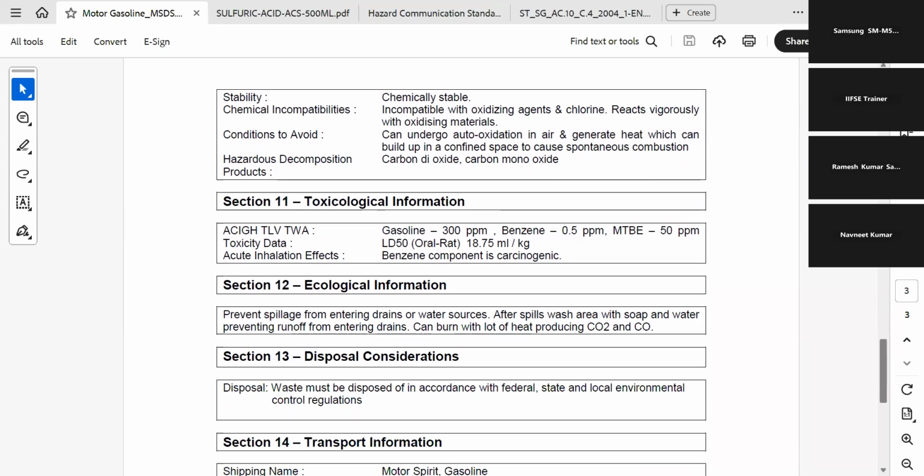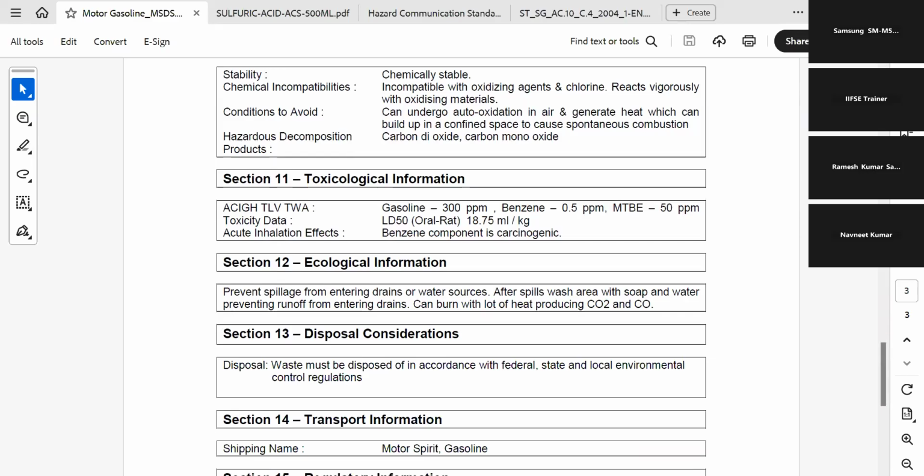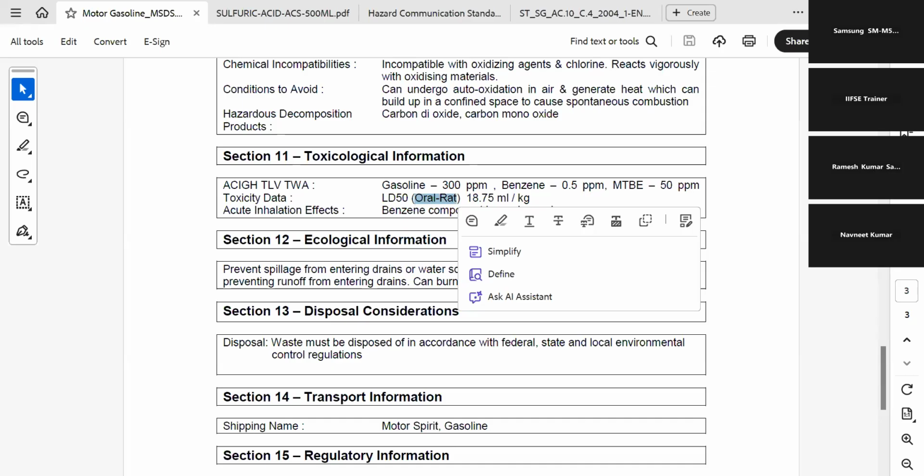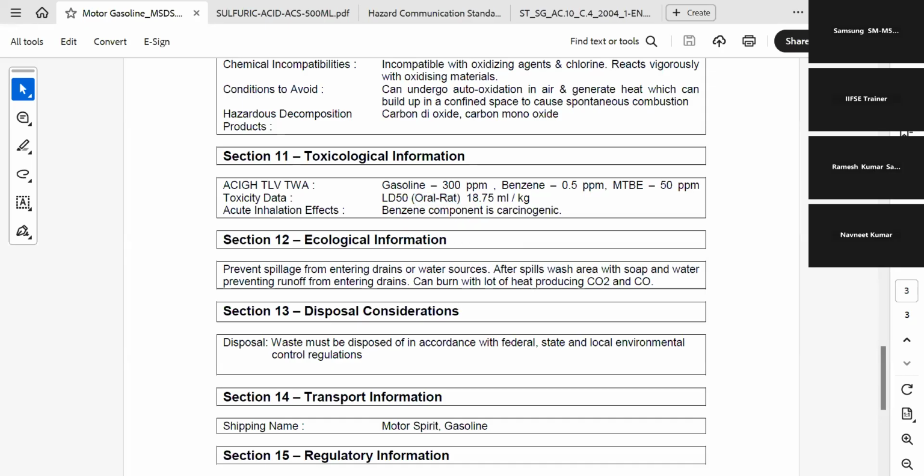Then toxicological data. It gives the LD50. They have done this toxicological testing on test animals, on rats: 18.75 ml per kilogram.